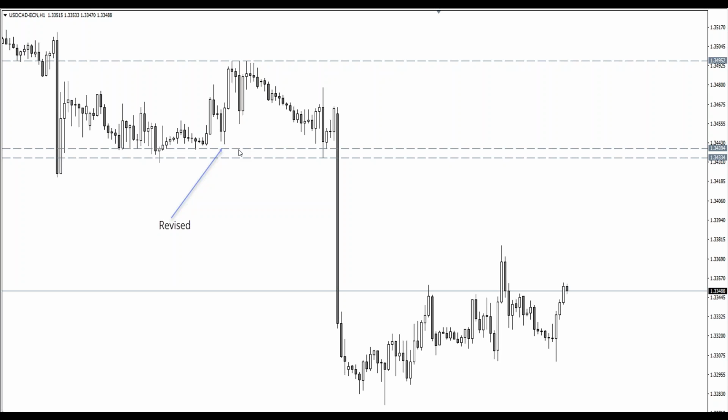This is not what I prefer, of course, because I don't prefer range trading, but you could have seen that it was a pretty successful trade. I told you to sell here or to buy there. Price went here and rejected.